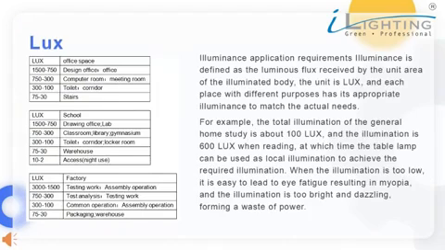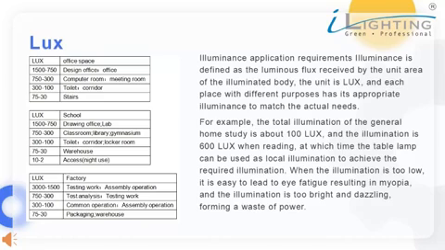Lux, illuminance application requirements. Illuminance is defined as the luminous flux received by the unit area of the illuminated body. The unit is lux, and each place with different purposes has its appropriate illuminance to match the actual needs.